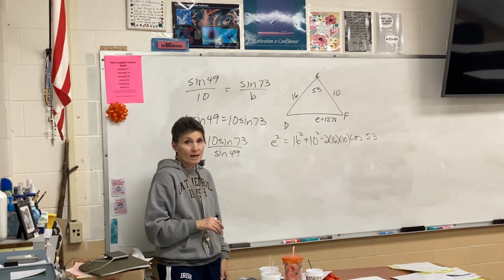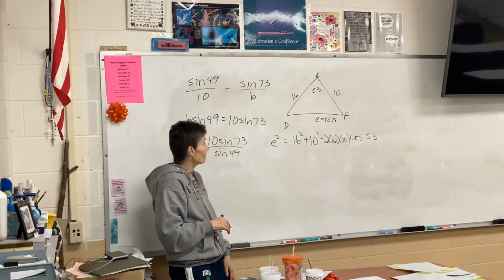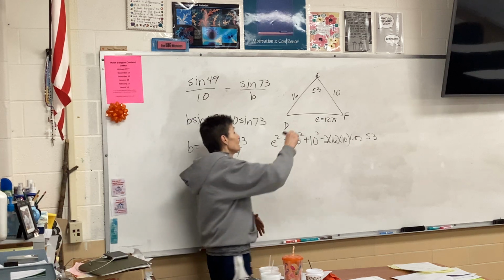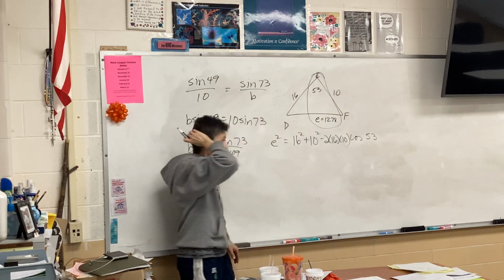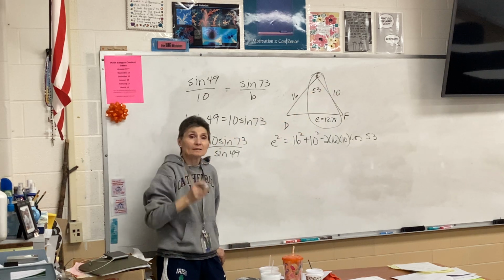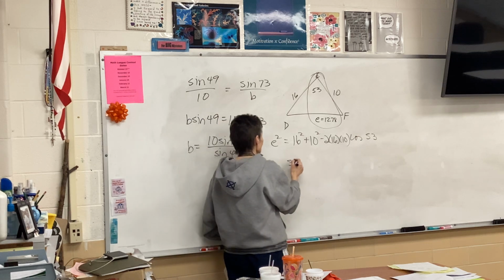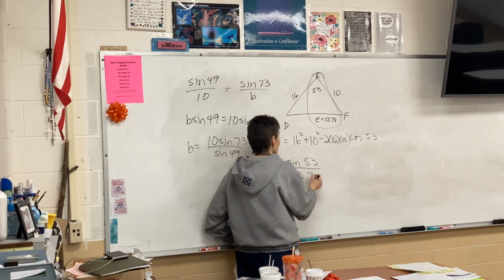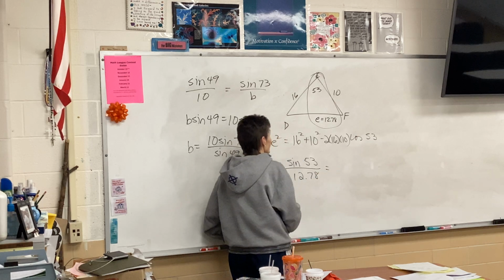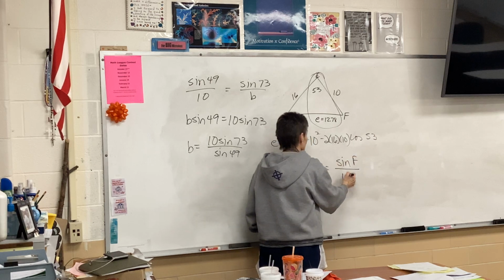What you have to do now is figure out these missing angles. What about D and F? Well, if you notice, look what you got right here. That is a match. So sine 53 over 12.78 equals sine F over 16.